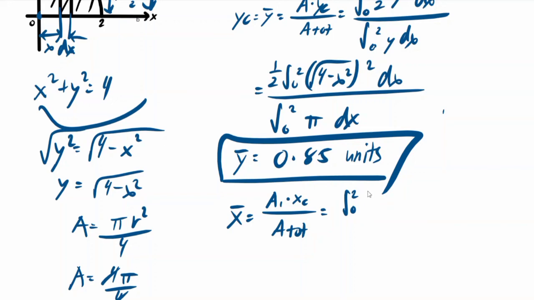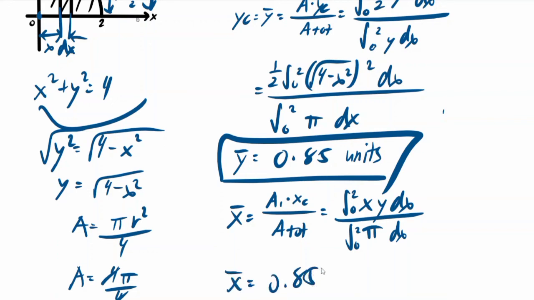The xc is just x, and then our total area is y dx, right? All over a total, just like before, it is just pi 0 to 2 dx. Now, if you plug it in, we'll have the same answer of 0.85 units.